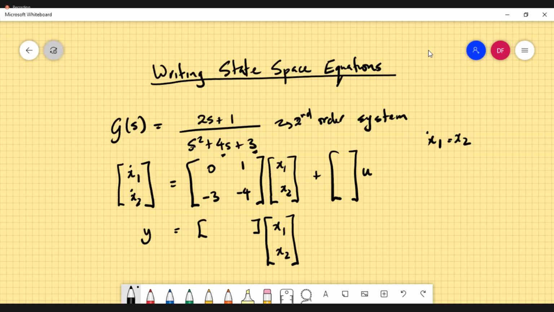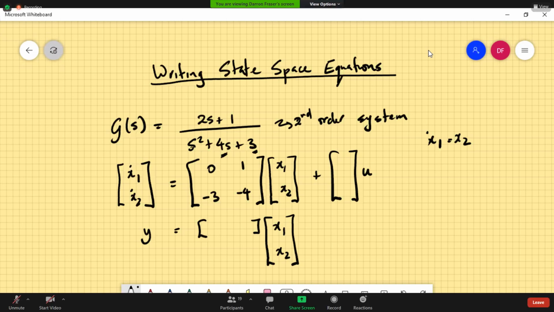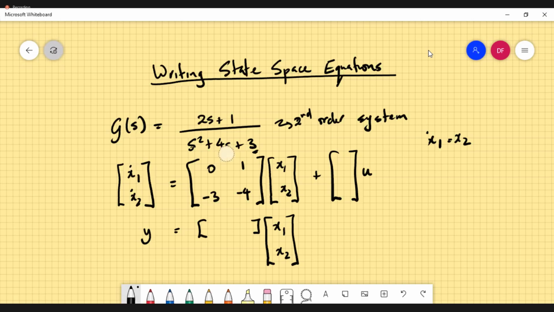If we were multiplying these out, this would be -3x1 -4x2. x2 represents the derivative of x1. So the first derivative always goes with my x2, and the one that has no derivative always goes with my x1.